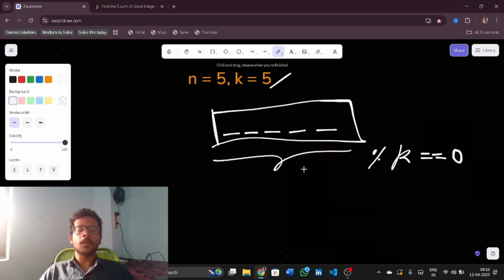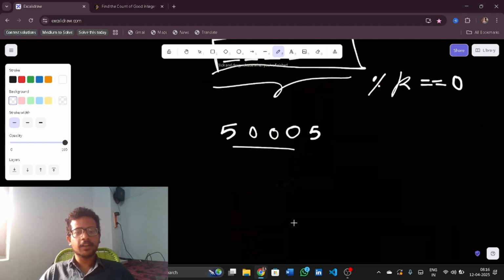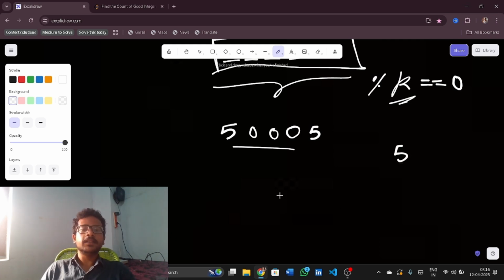Now if I have something like 5, 0, 0, 0, 5, and it is exactly divisible by k, which is 5, now I need the total number of combinations.